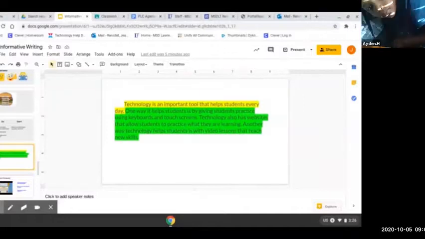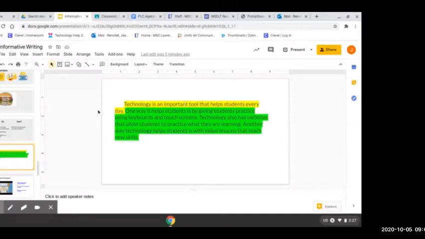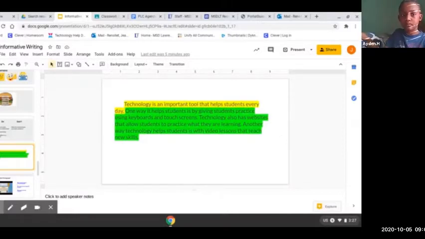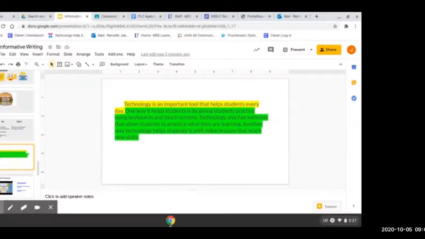Another way technology helps students is with video lessons that teach new skills. My topic sentence is in yellow. It introduces my topic to the reader. The body of my paragraph is in green. Here I have my interesting facts and details that support my topic sentence.